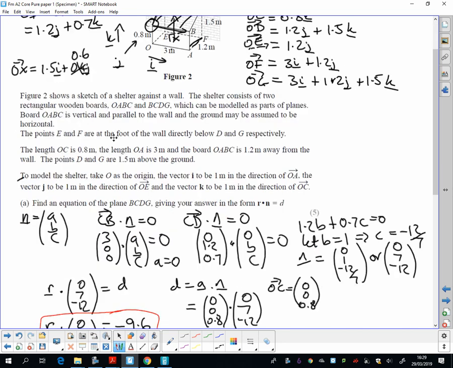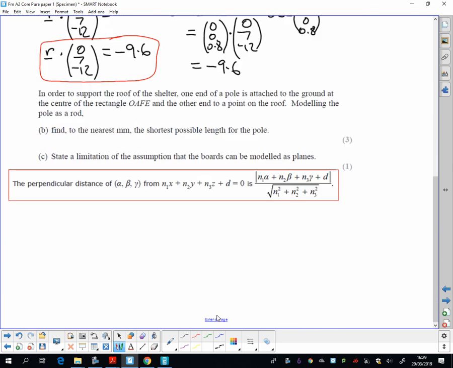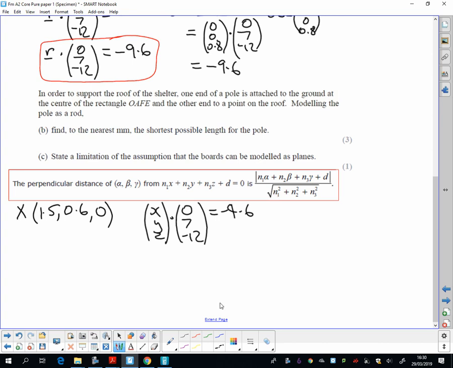Okay, so remembering that, the coordinates of X were (1.5, 0.6, 0). My plane, well, I can easily convert that to Cartesian. You just replace r with x, y, z. And then you can go straight to the fact that that's 7y minus 12z. I can move that over so it's in the right form.